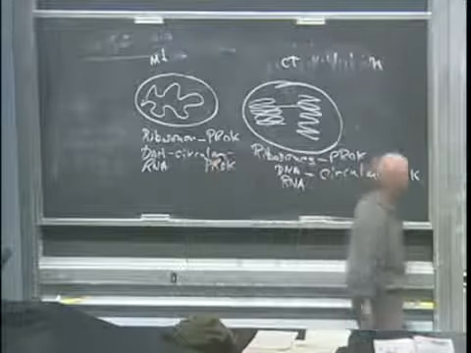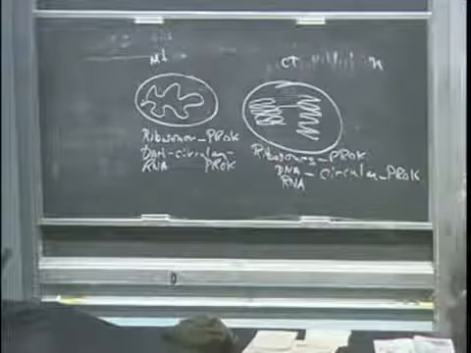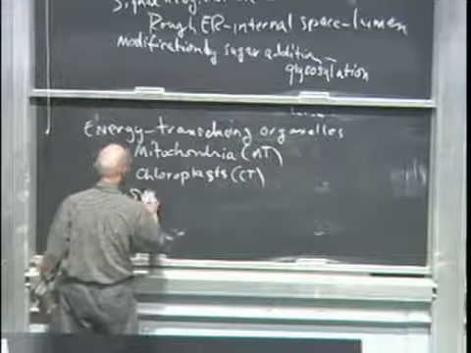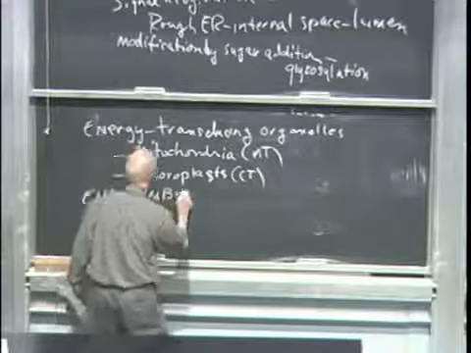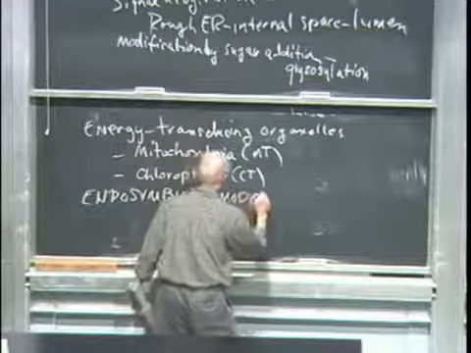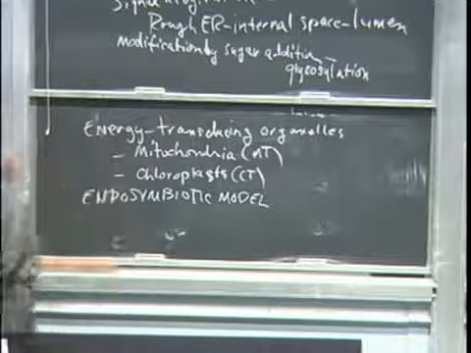And the most widely accepted theory now is something called the endosymbiotic theory, model, I guess, let's say model, for the origin of chloroplasts and mitochondria.